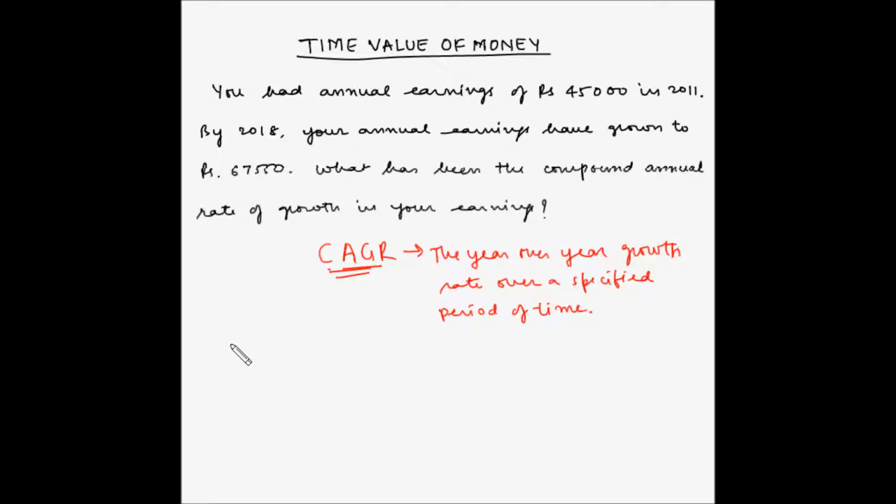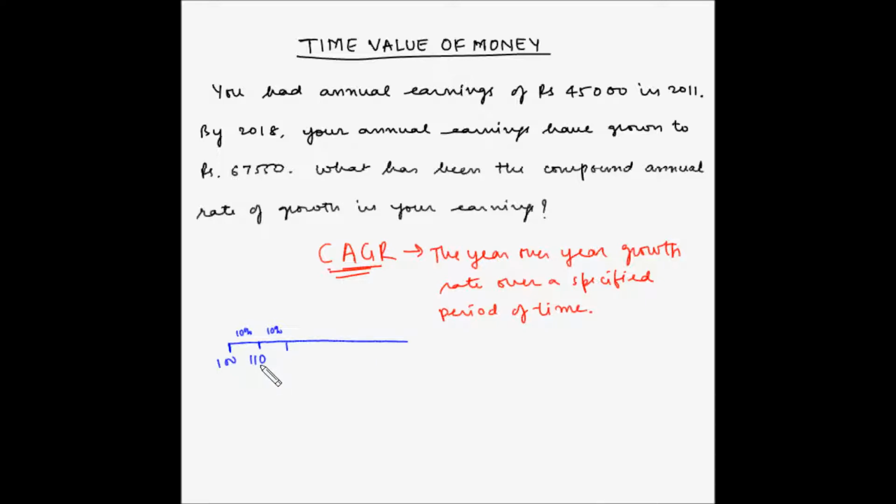So let's say you invest 100 rupees today. Now after 1 year at 10% interest, you basically get 10 rupees as the interest, and that gets added to 100 rupees. So your total investment becomes 110 rupees. Now again, if you are growing this at 10%, then 10% of 110 becomes 11.